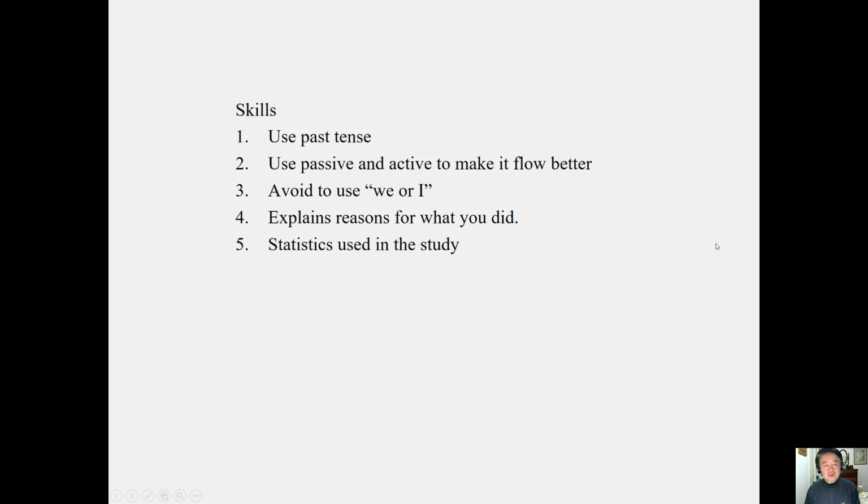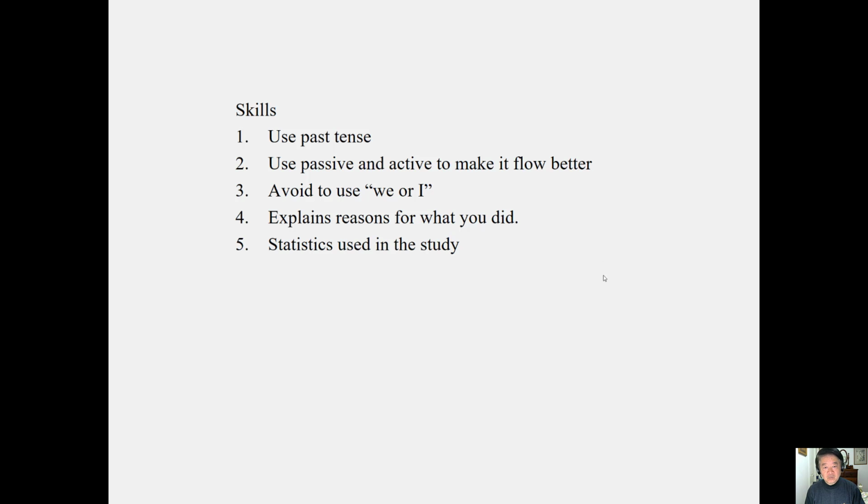So in terms of how to write a method, here we have a couple of skills. In the method section, you normally just use past tense, and try to use passive and active voice to make it flow better. Passive is pretty commonly used in the method section.